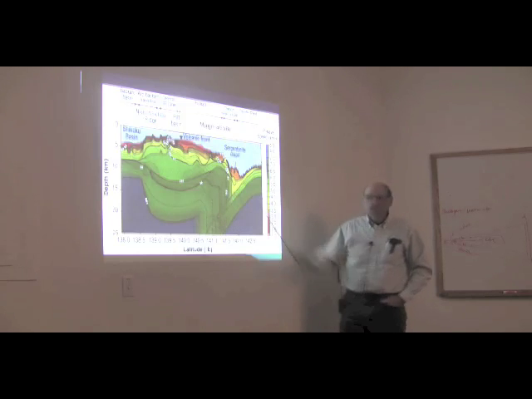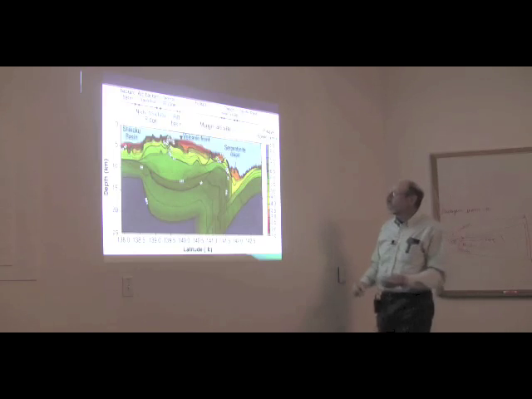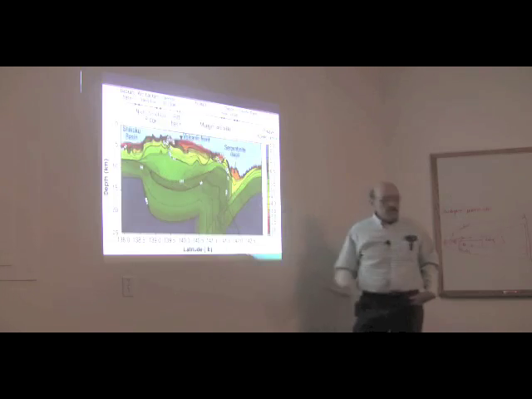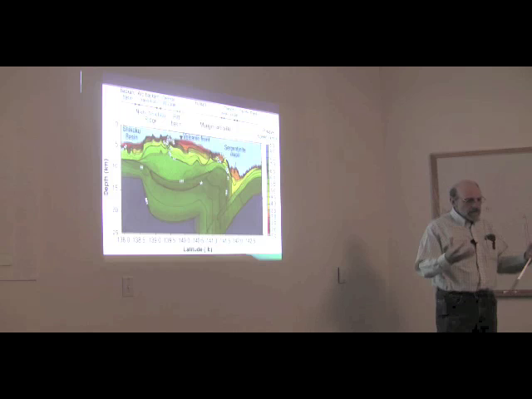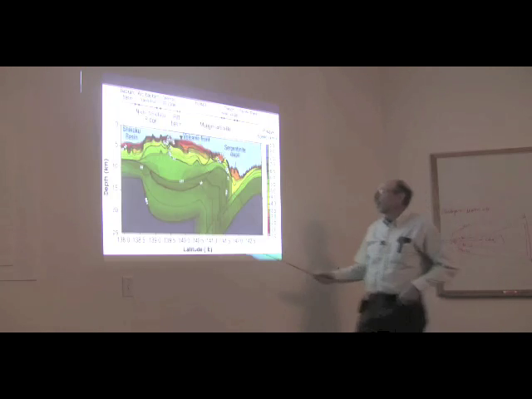And these different colors reflect P-wave velocities. And velocities of something like 6 to 6.5 kilometers a second are consistent with a kind of granitic material, the kind of material that forms continental crust.